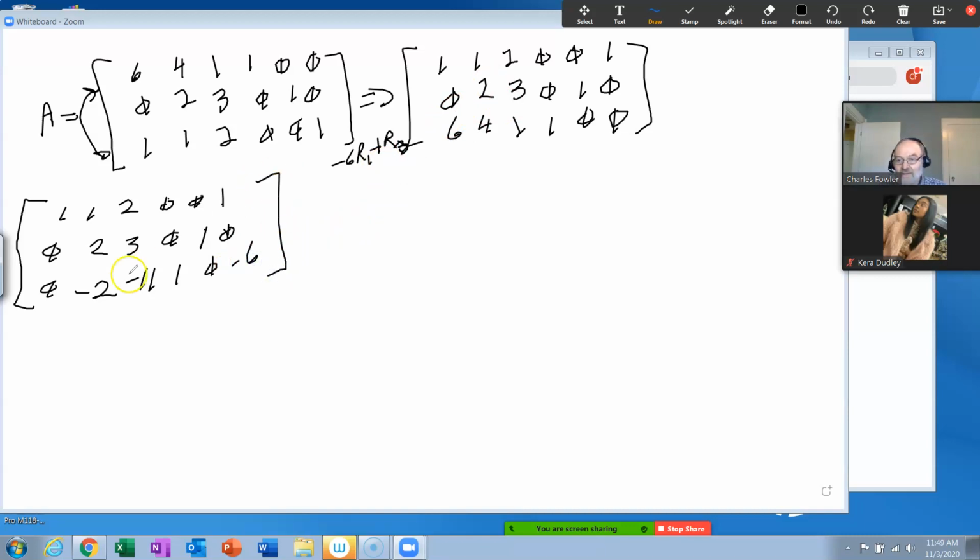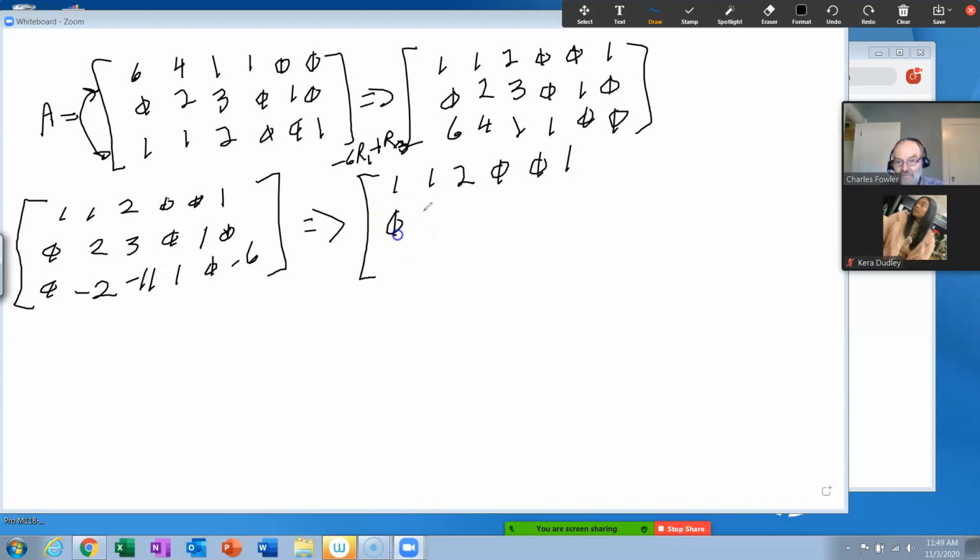All right. Now, next thing we want to happen, I'm just going to add the bottom two rows together. This probably isn't the preferred mechanism, but I'm just going to do it. Okay, we're going to add row 2 and row 3. So that's a 1, 1, 2, 0, 0, 1.